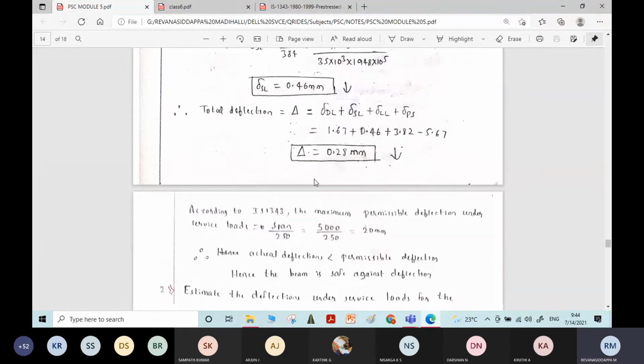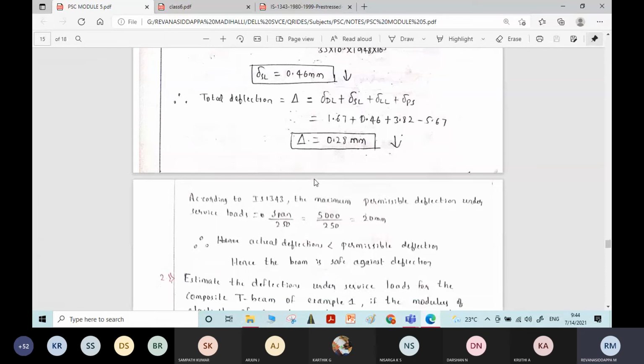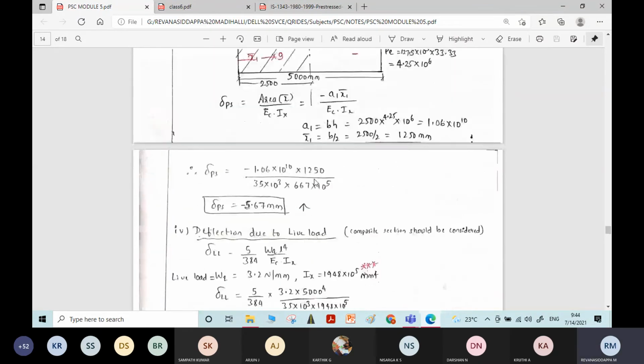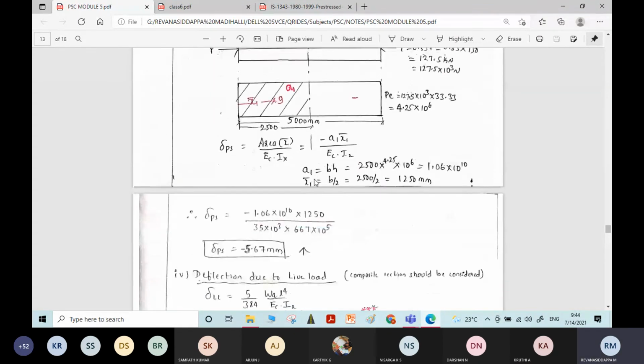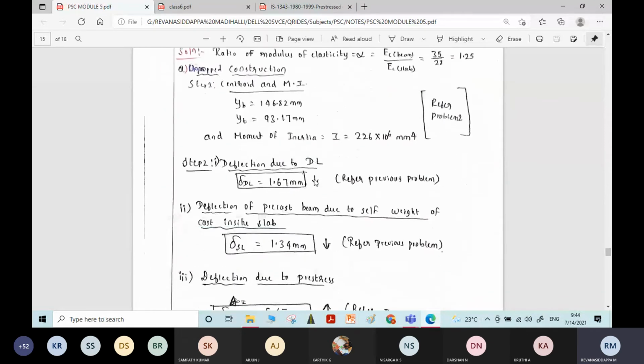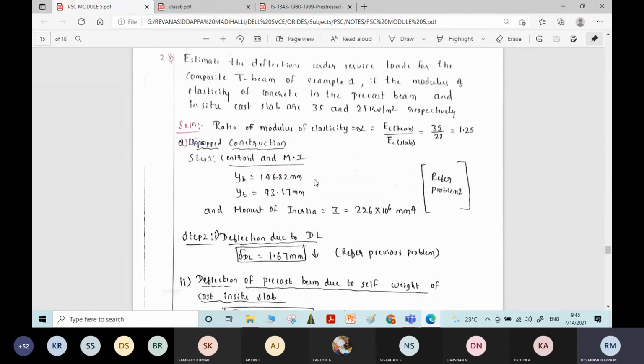Flexural strength problem is, as I told, similar to that of flexural strength of the normal PSC beam that you have practiced in module number 3, correct? And in the notes I have solved one more problem on deflection that I will give you as an assignment to solve. Okay.